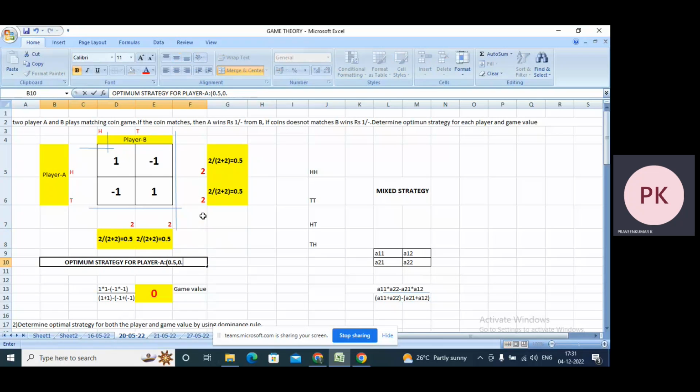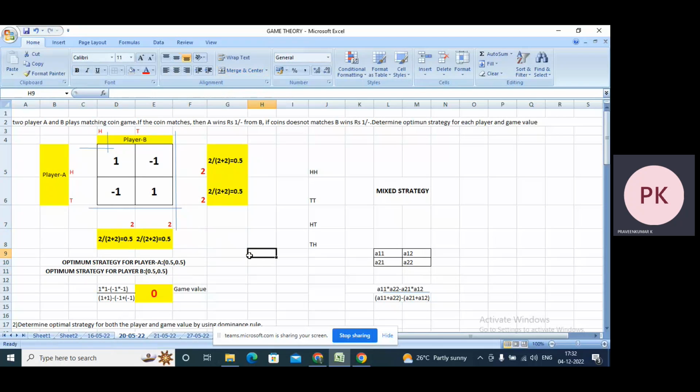Similarly, the optimum strategy for player B, column wise, is 0.5, 0.5. This is the optimum strategy for player A and player B.